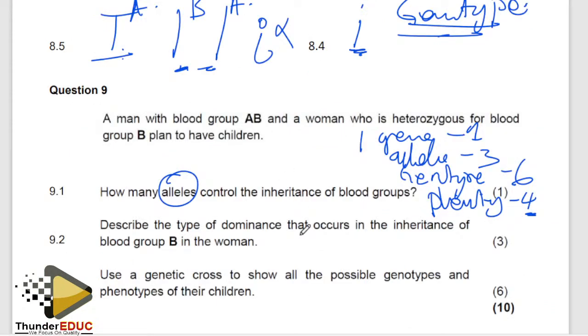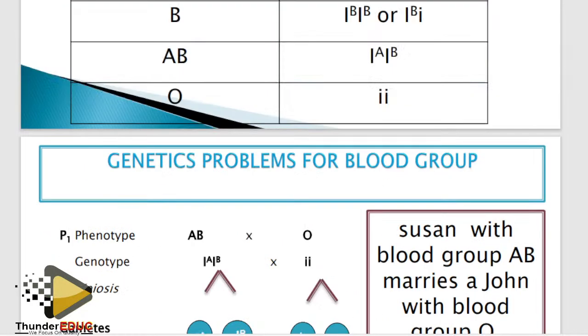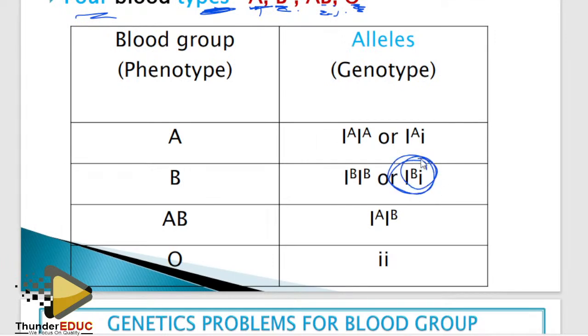Now we go back to our question. Describe the type of dominance that occurs in the inheritance of blood group B. They're saying a man with blood group AB and a woman who is heterozygous for blood group B. It looks like this: one dominant allele from either the father or mother, and another recessive allele from the other, because they are not specific in that regard.